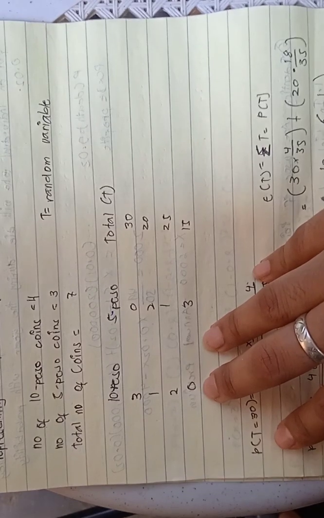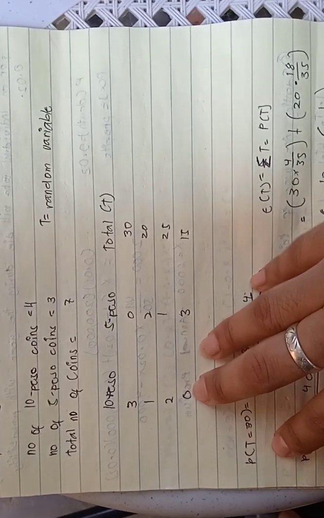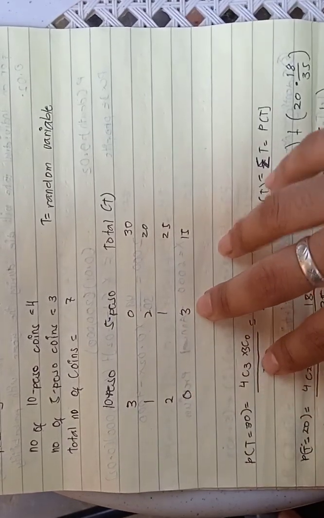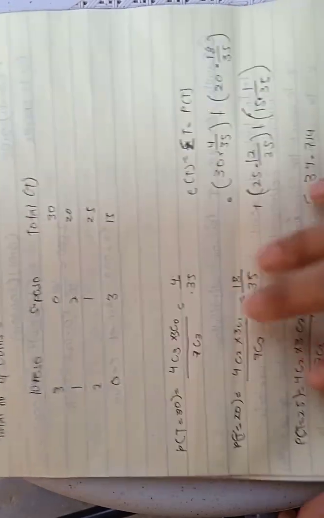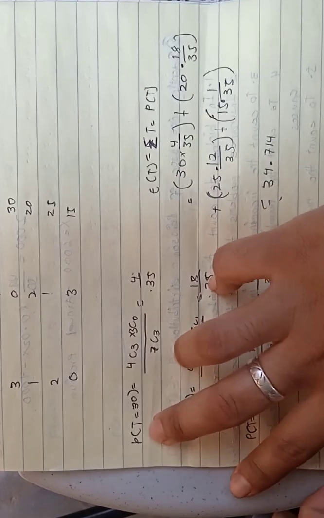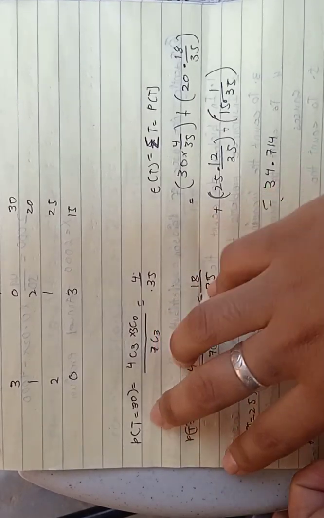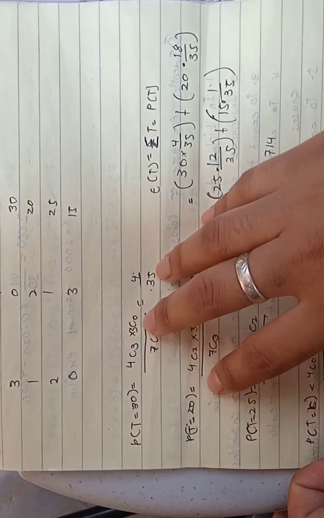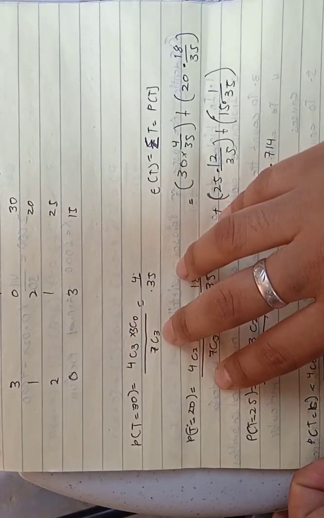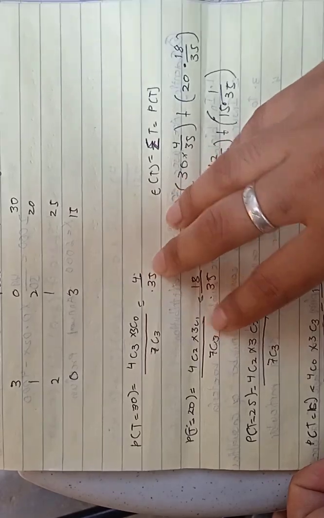So, dito naman po yung 10 is 0. Tapos yung 5 naman po is 3. Kaya siya ay 5 times 3 equals 15. So, dito po yung P(T equals 30) is 4C3 times 3C0 over 7C3 is equals 4 over 35.